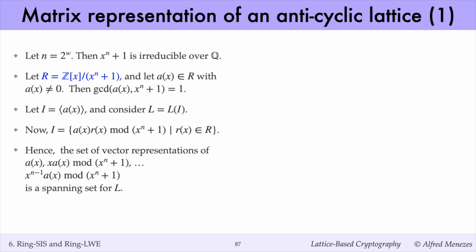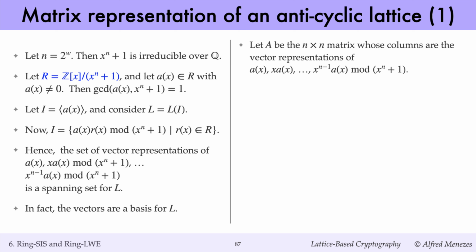As was the case with cyclic lattices, the vector representations of a, x times a, up to x^{n-1} times a are a spanning set for L. A consequence of a(x) and x^n + 1 being relatively prime is that the vectors are linearly independent. Thus, these vectors are a basis for the lattice L.